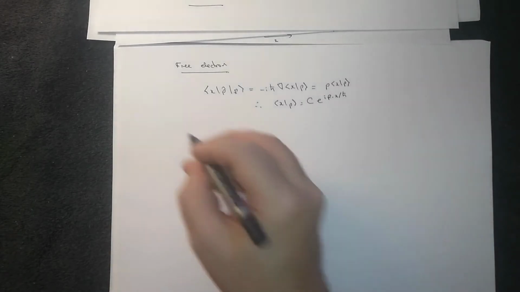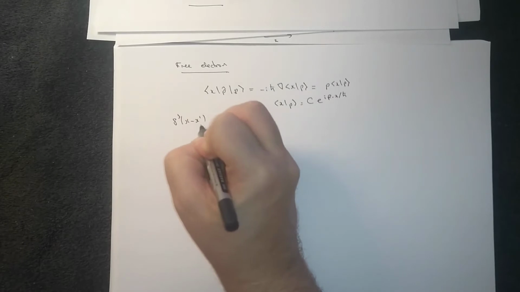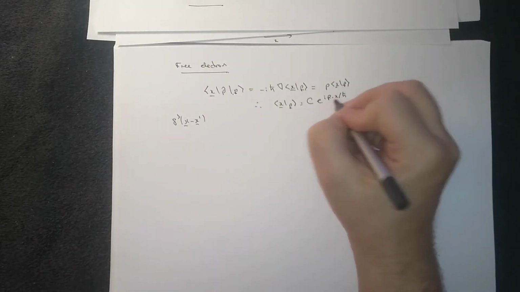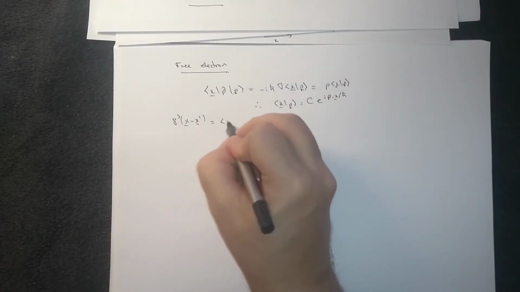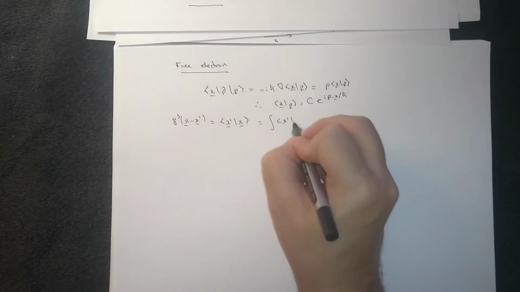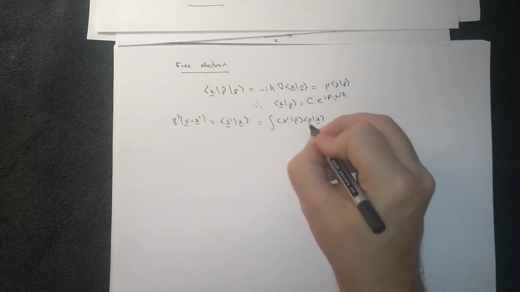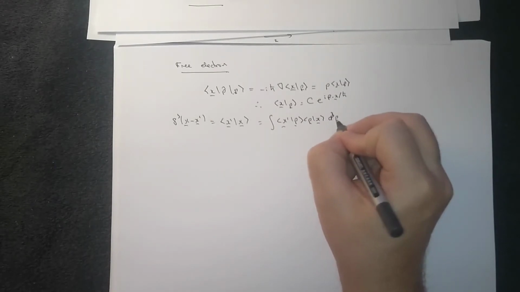And we want to normalize these states by the condition that delta cubed x minus x prime, these are all in 3 dimensions, is x and x prime, and that's the integral of x prime with p, p with x d3p.